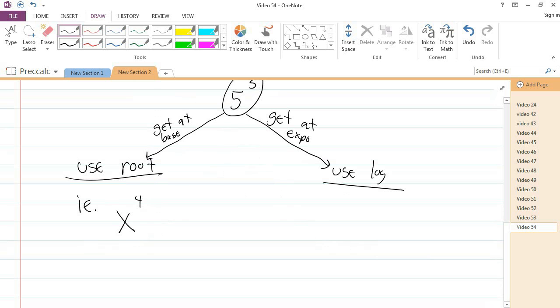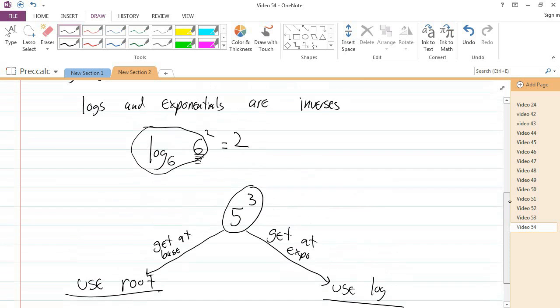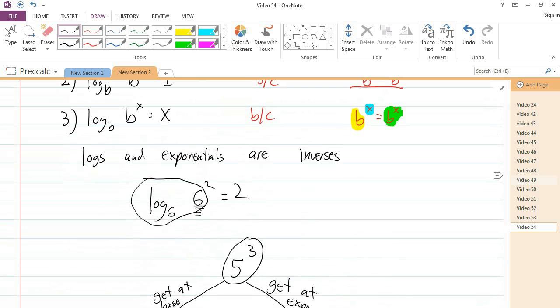I would use a log in the event that I knew the base and I wanted the exponent. Okay? So property 3 seems pretty simple, but it runs deep. And this is a property that we are going to use a lot to cancel out the base of an exponential. Okay?